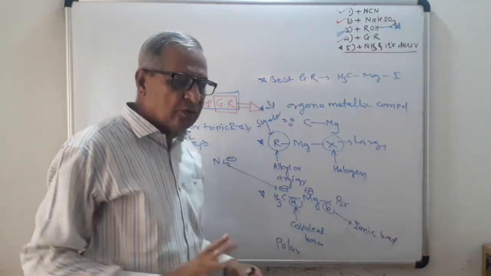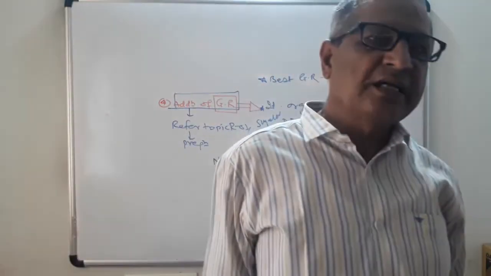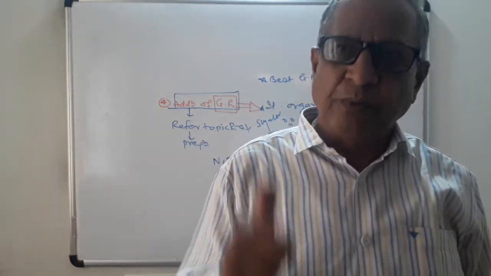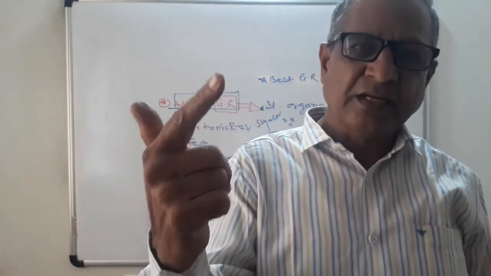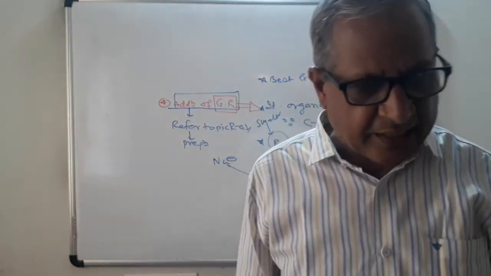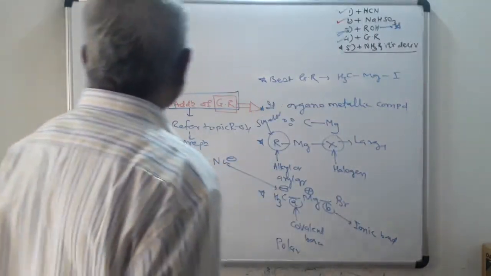When aldehydes and ketones are treated with Grignard's reagent, they undergo nucleophilic addition, and by this method we can prepare primary alcohol, secondary alcohol as well as tertiary alcohol. So I will not repeat this again and again. I will directly set the question.